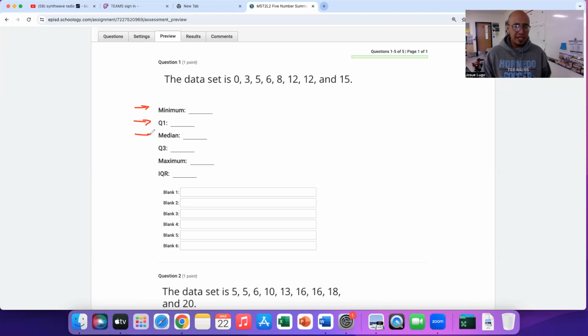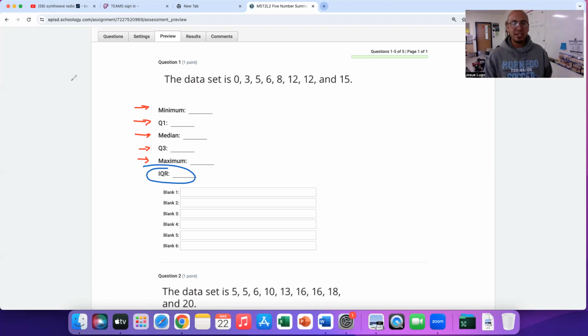We have the median of the whole data set, the Q3 or the upper quartile or the upper median, and the maximum. Those are the 5 items of the 5-number summary. Now, those can then be used to find things like the range or the interquartile range. All right, and if at this point you're a little bit confused, don't worry, it's all going to make sense.